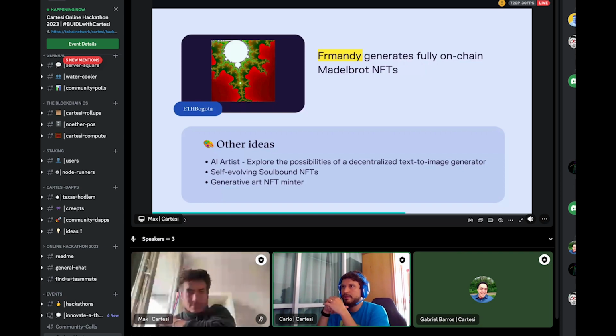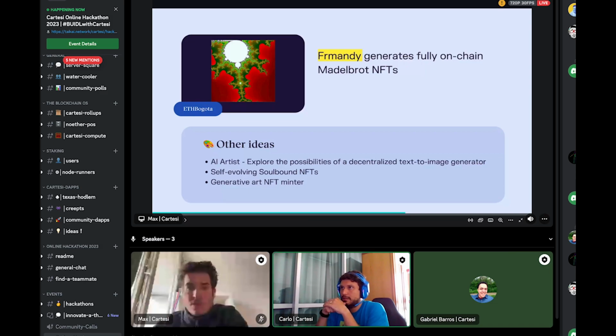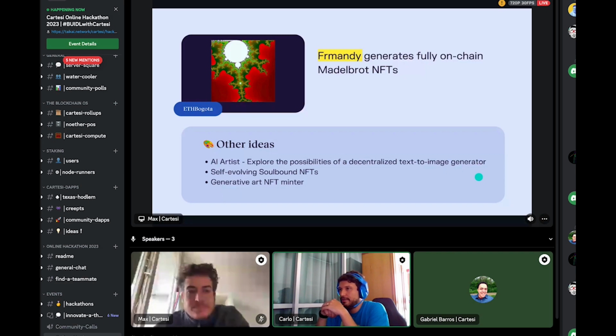And they generate these really beautiful art forms. And on Cartesi they have the computational power they need. They actually want to implement this in Rust. They can do it because Rust is perfectly fine to program on Linux. And they generate these really cool fractals, really beautiful.